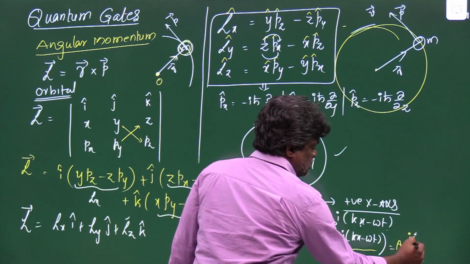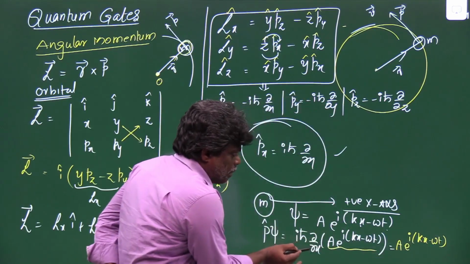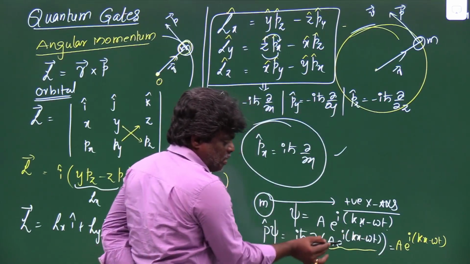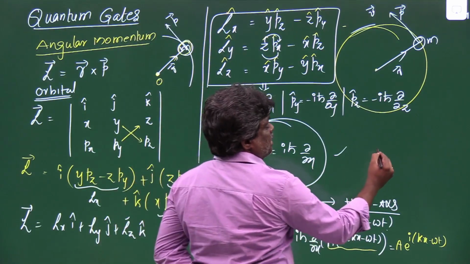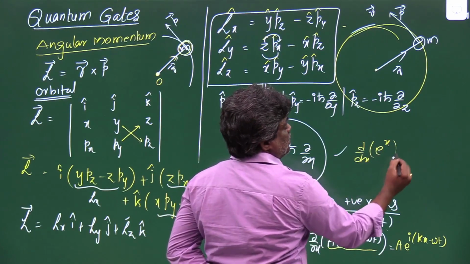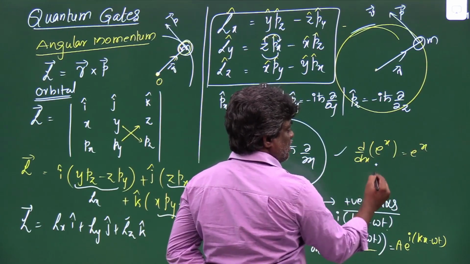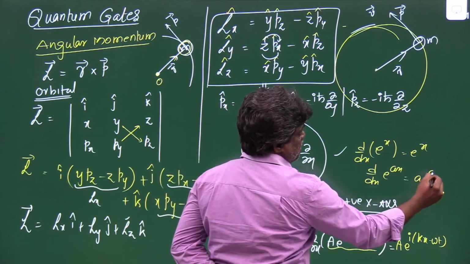A e raised to i(kx minus omega t). Sir, dou by dou x is operating on this. What will you get? ik. For example, e raised to x, what is the d by dx of e raised to x? e raised to x. d by dx of e raised to ax is a e raised to ax.